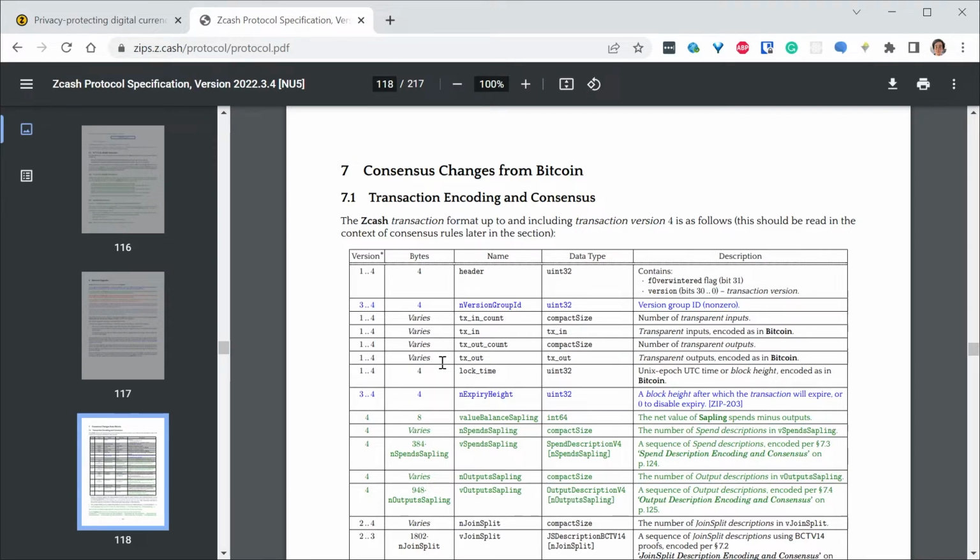A wallet that understands v5 is upward compatible, so it will understand v4. So unless you have upgraded your wallet, your block explorer, and your exchange, everything that has to deal with transactions, you would not be able to understand the transactions that are going on right now because of the NU5 network upgrade.